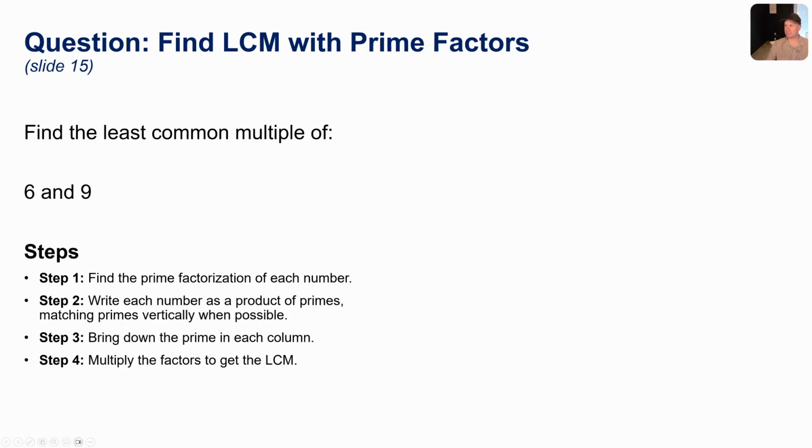So now we have 6 and 9 here. Step 1, find the prime factorization of each number. So the prime factorization for 6 is 2 times 3. Now both of these are prime, so I can circle them. And then 9 is 3 times 3.